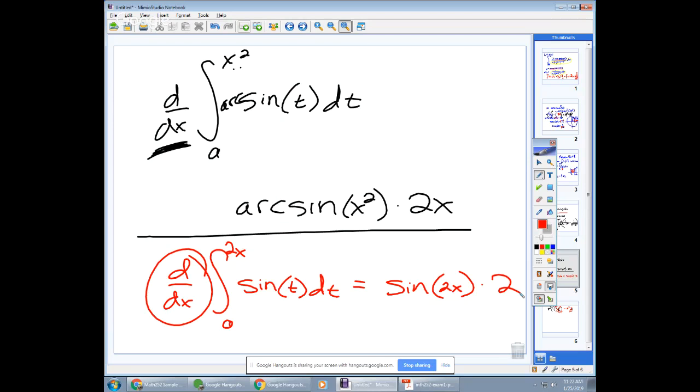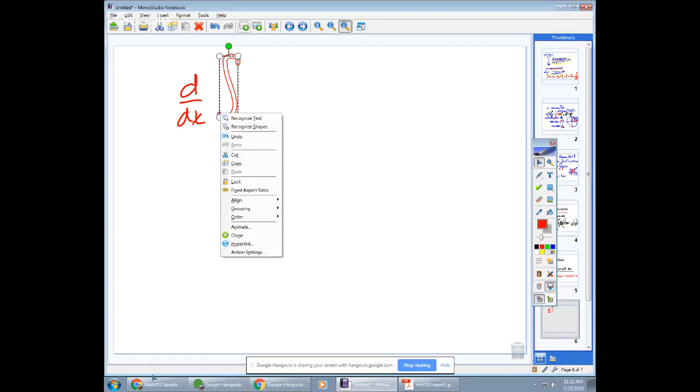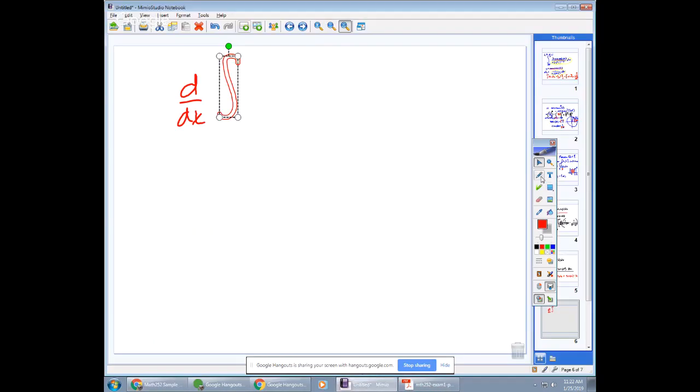So now going to the actual problems I put on the sample test. The first problem was take the derivative with respect to x of the integral from, I can't remember where I started, I started at 1, from 1 to x of the sine of t squared dt.